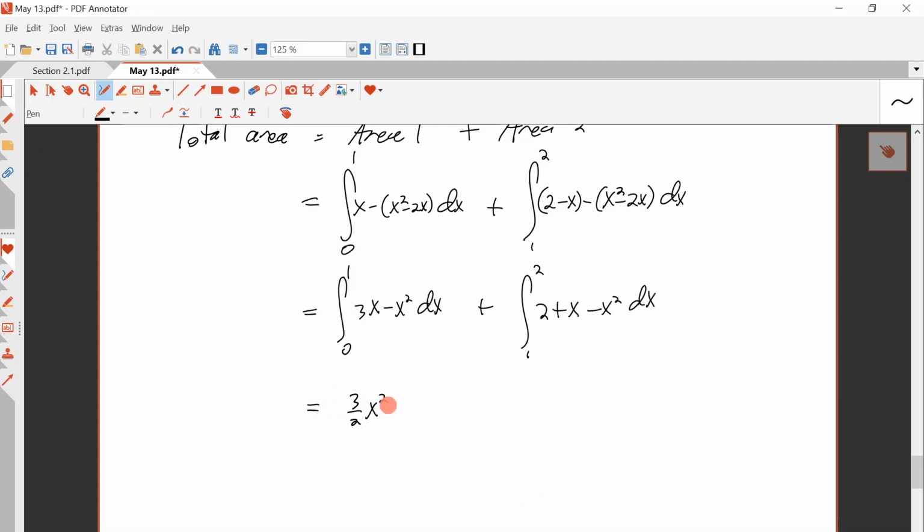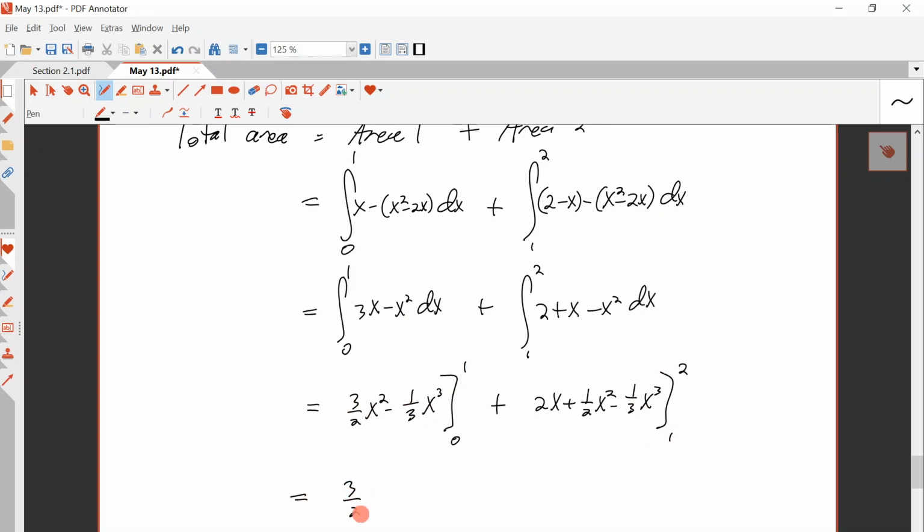Antiderivative: 3 halves x squared minus 1/3 x to the third from 0 to 1, plus 2x plus 1/2 x squared minus 1/3 x to the third from 1 to 2.